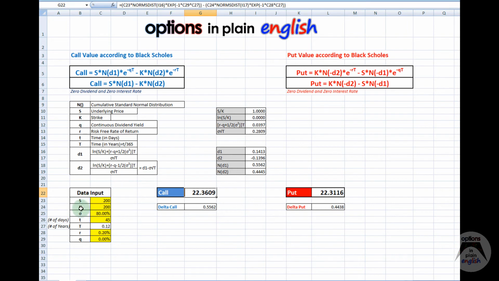The input: stock price, strike price, implied volatility, time to expiration. This is in years, so I'm not changing this. R, interest rate, and Q, continuous dividend yield.